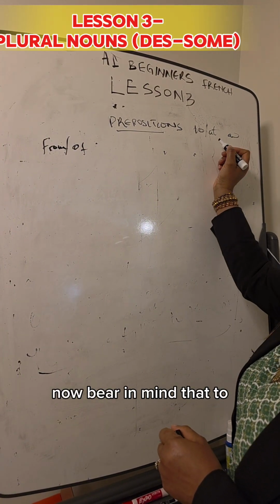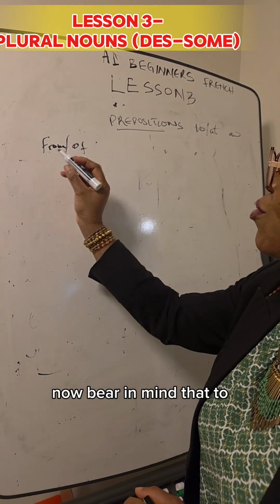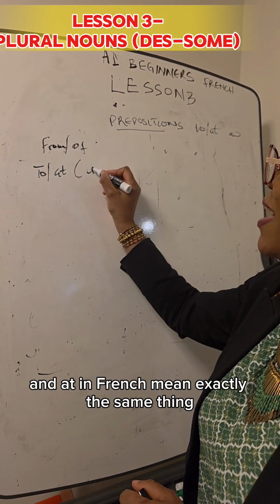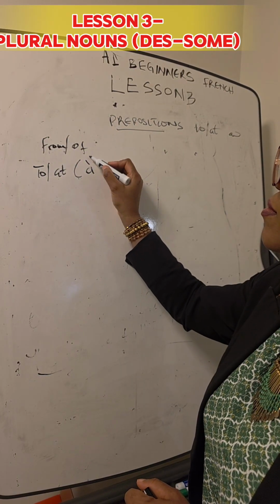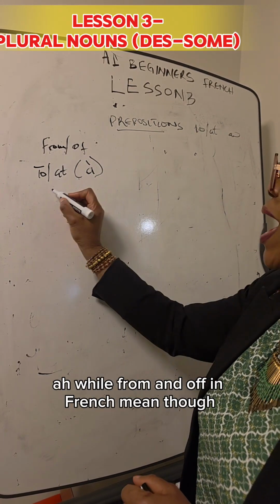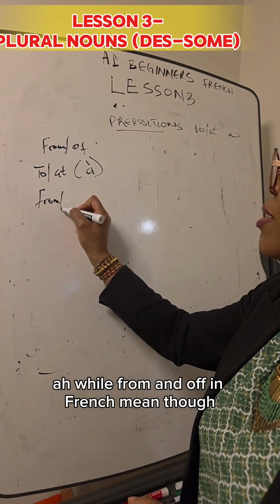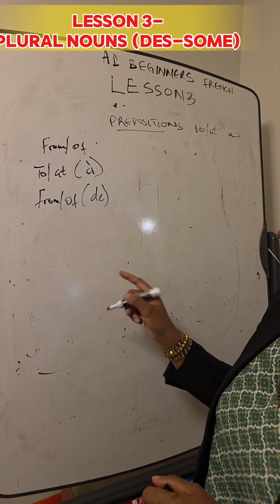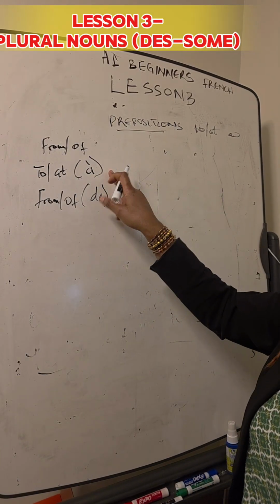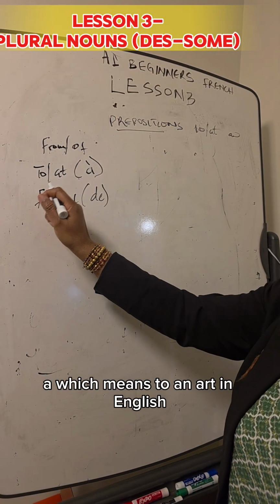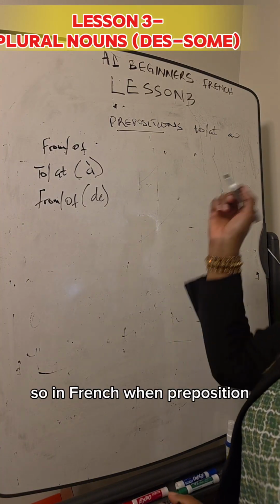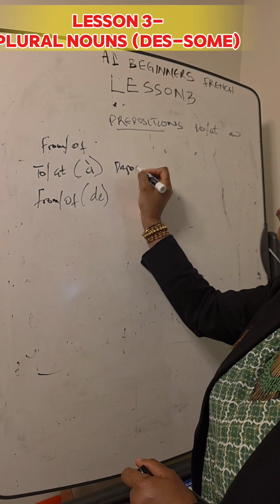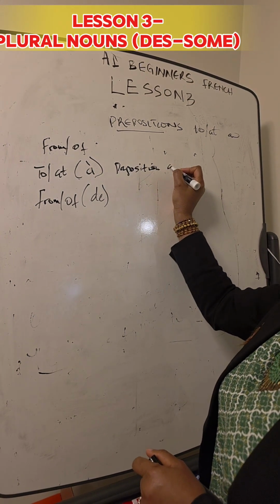Now, bear in mind that à, to and at in French, mean exactly the same thing, while de, from and of in French, mean the same thing. So let's start with à, which means to and at in English.